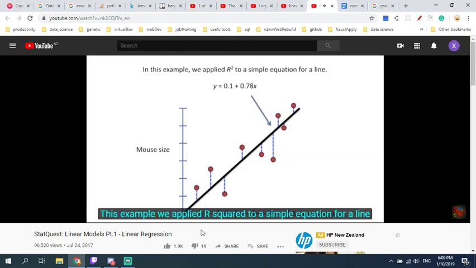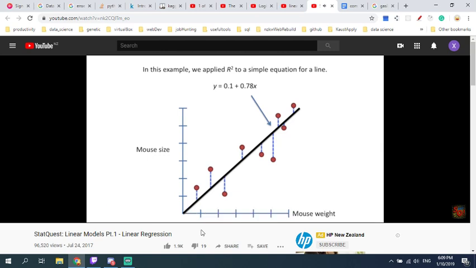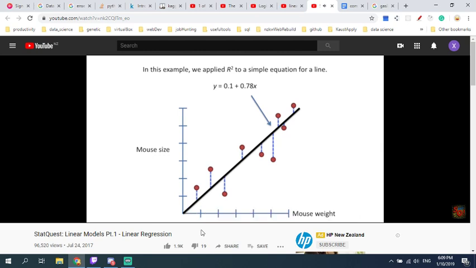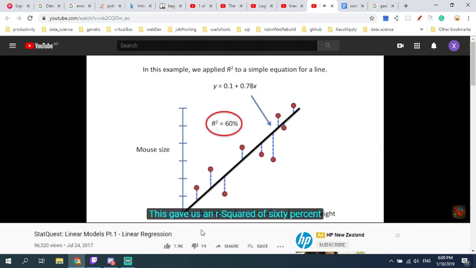In this example, we applied R squared to a simple equation for a line, y equals 0.1 plus 0.78 times x. This gave us an R squared of 60%, meaning 60% of the variation in mouse size could be explained by mouse weight.